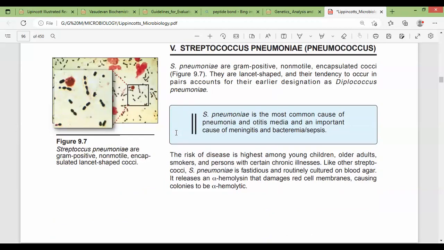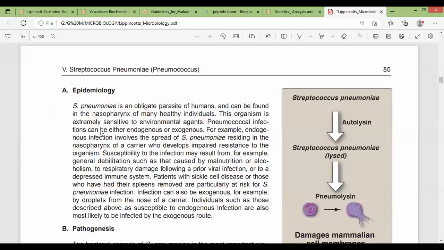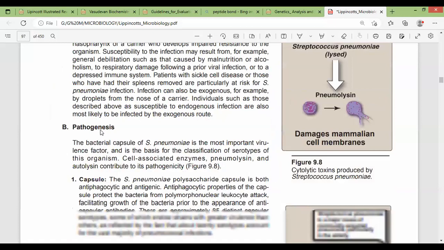Unlike its two big brothers, group A and group B, which are beta hemolytic, Strep pneumoniae causes alpha hemolysis, meaning just partial. The other unique thing is that they occur in pairs, so we call them diplococci.